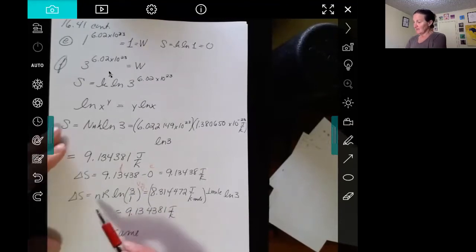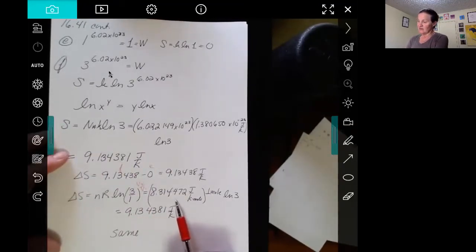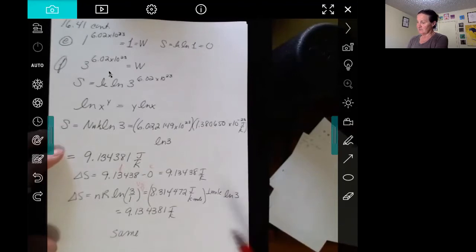When I take n times R, we have 1 mole because we have Avogadro's number. So I get just R, and once again, keep all the units from the table because this has infinite sig figs. So 8.314472 joules per K mole times a mole times ln of 3, and I get 9.134381, which is, yes, indeed, exactly the same as using Boltzmann's formula.